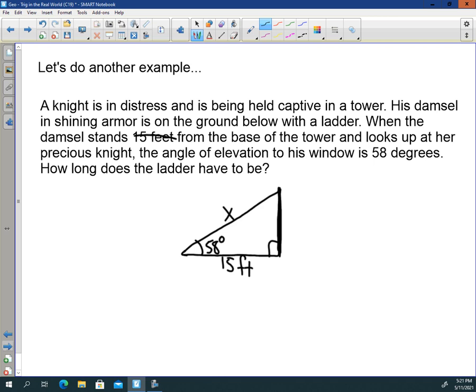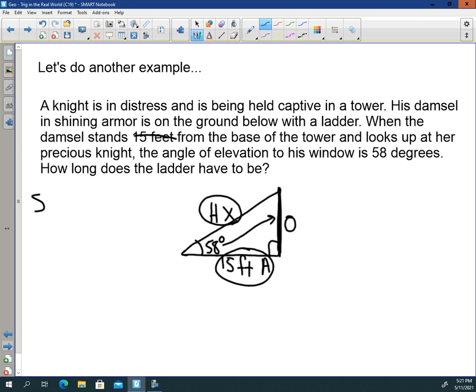Well, we'll have to establish our sides first. Across from the 58-degree angle is the opposite side. Across from the 90-degree angle is the hypotenuse, leaving this side to be the adjacent.